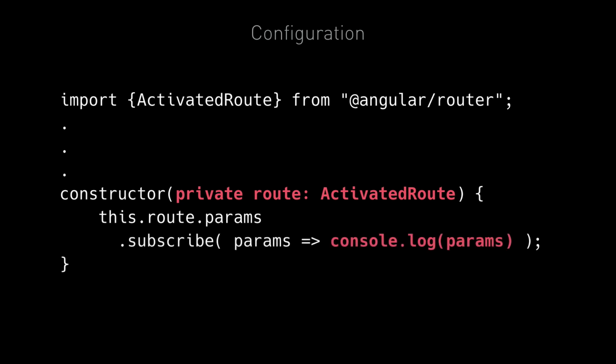It then exposes an observable through its params property, which we can subscribe to and then be notified with whatever parameters there are in the route. So now if we navigated to /blog/1, the number 1 would get emitted on the observable and this would get printed to the console like this.